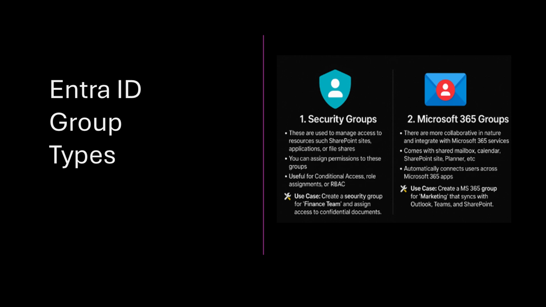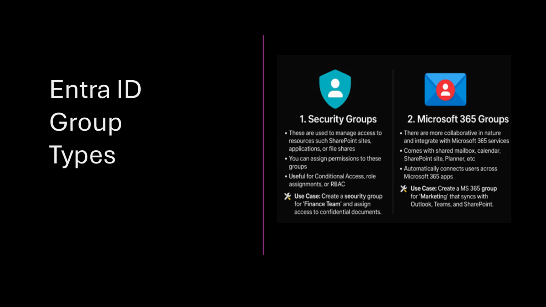With a single group, your users are automatically connected across Outlook, Teams, and other productivity apps. For instance, you can create a Microsoft 365 group for your marketing team, giving them one-click access to shared conversations, files, and project planning tools across multiple platforms.